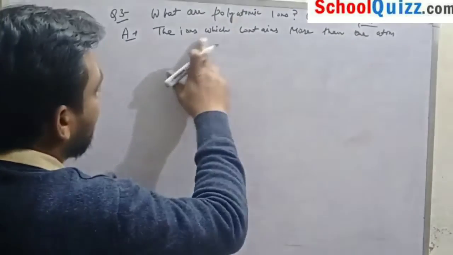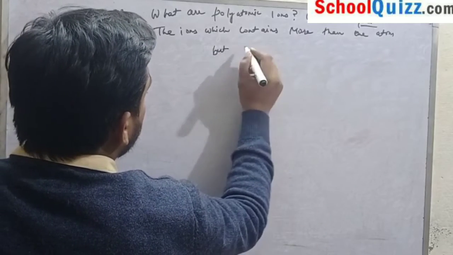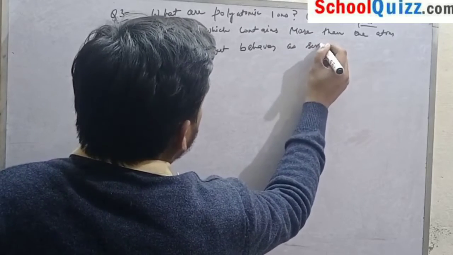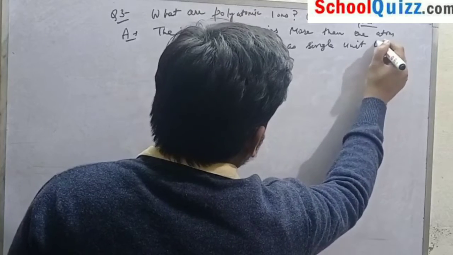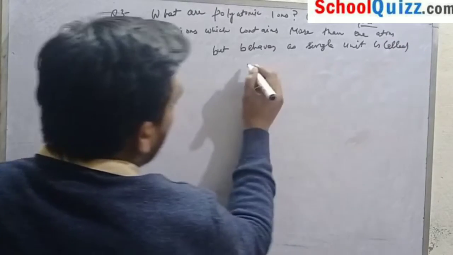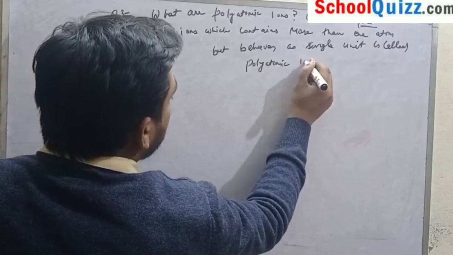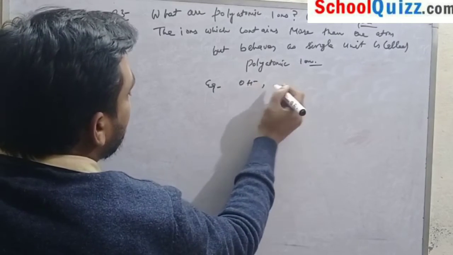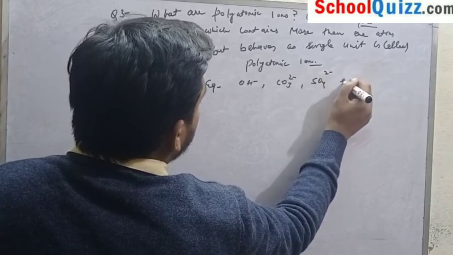So the ions which contain more than one atom but behave as a single unit are called polyatomic ions. For example, like hydroxide ion, carbonate ion, sulfate ion, etc.